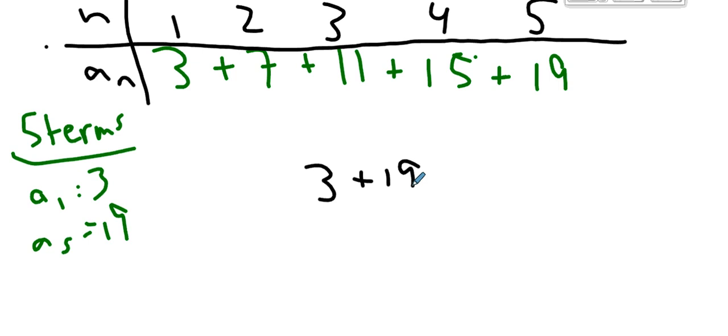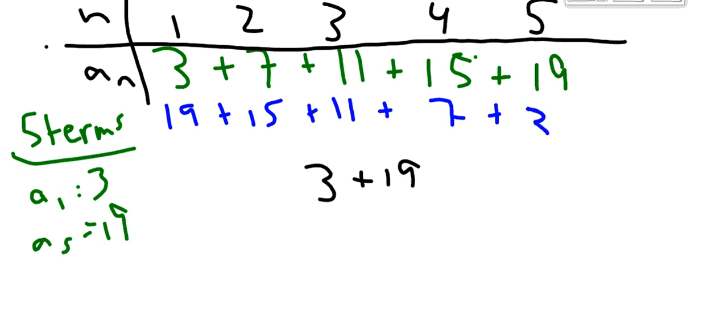Now, if I reverse this and actually add it all up, 19 plus 15 plus 11 plus 7 plus 3, just like last time, all of these terms are going to add up to, you guessed it, 22. How many terms are there? Why, there are 5 of those. However, this is going to overcount by a factor of 2.